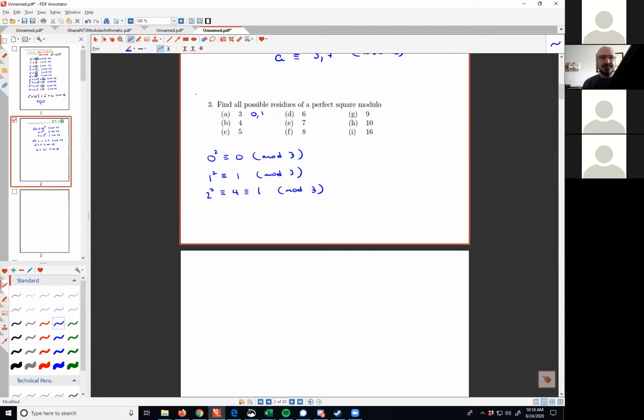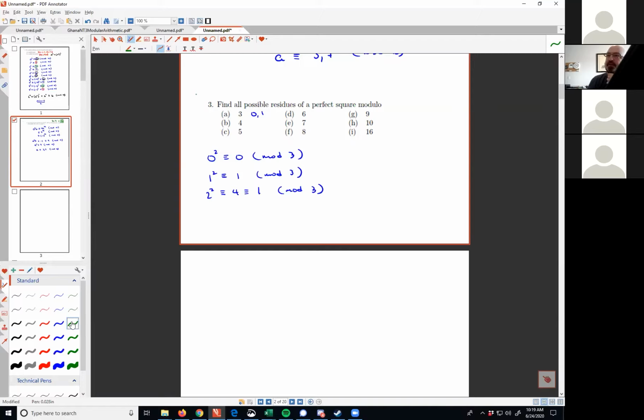So let's do B. What are the perfect square residues modulo 4? Zero, zero, 1. 0 and 1 both work.